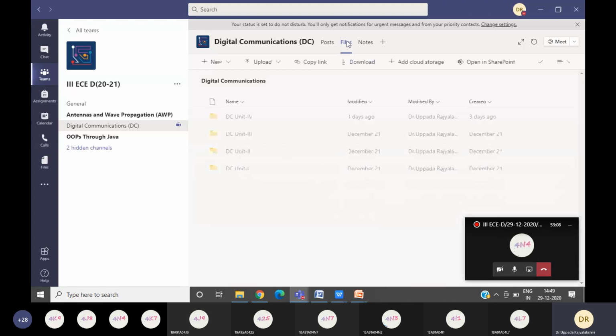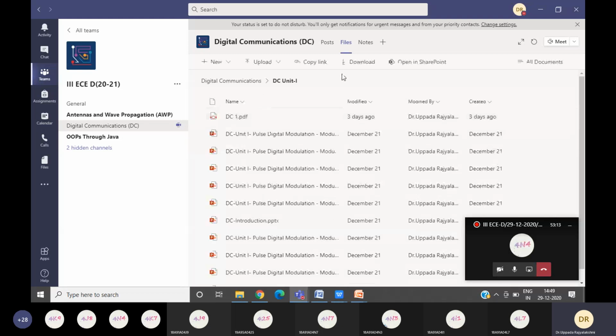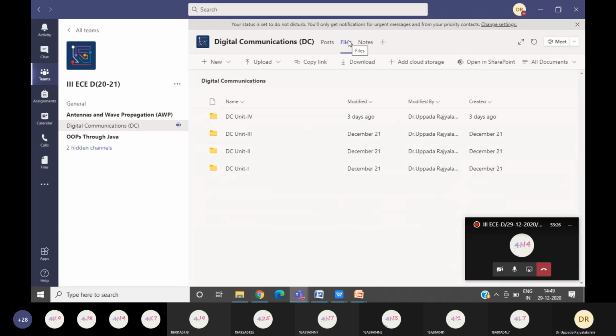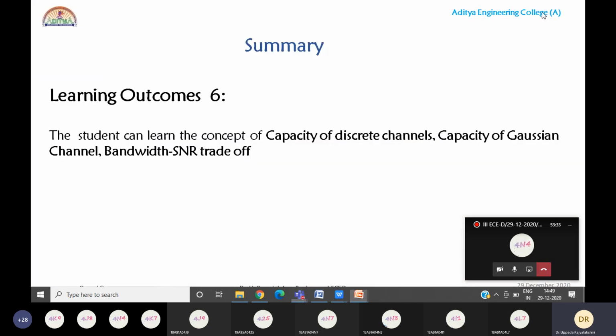You can check it in files of digital communications. Okay, I don't upload in the WhatsApp group, because sometimes you may not download it or there will be any misplacing. So in order to avoid such kind of problems, directly you can check the digital communications and files. Okay, there you can see all the chapters and its respective modules.